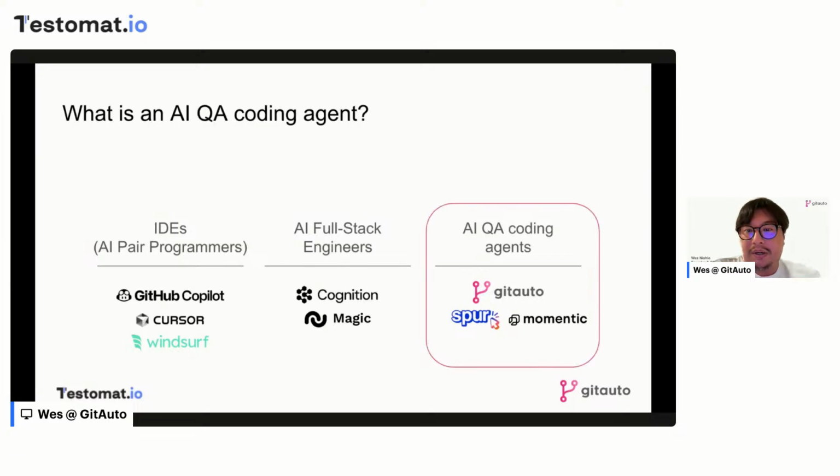So we see the rise of the specialized QA-focused coding agent, just as the QA engineer role in human teams has evolved into more specialized positions, right? And GitAuto is especially focused on unit and integration testing. Unlike other YC-backed companies like Spoo or Momentic, who are more focused on E2E testing.